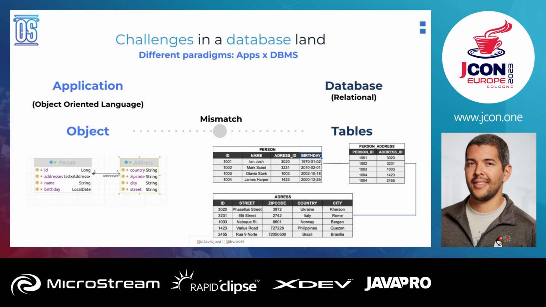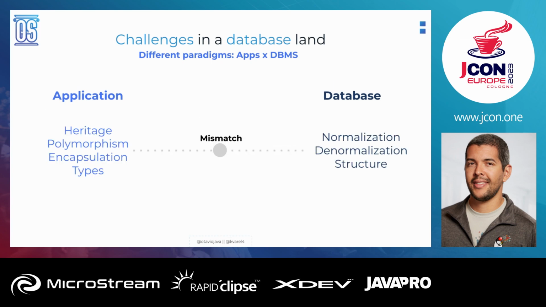Why? Because my application, of course, I talk about Java here, is object-oriented. So I use a lot of things that I enjoy doing, and my database does not know that. And I need to have a translation in the middle to convert to and from my Java application and my database.